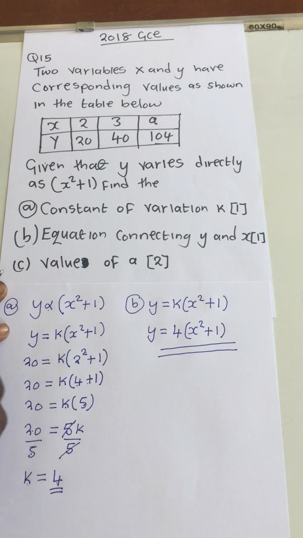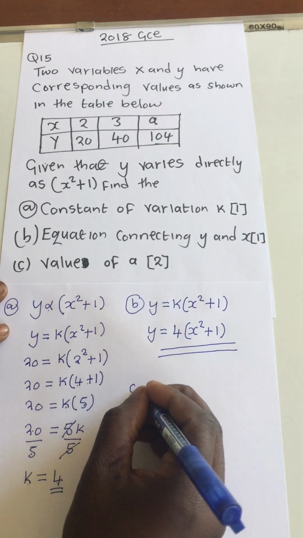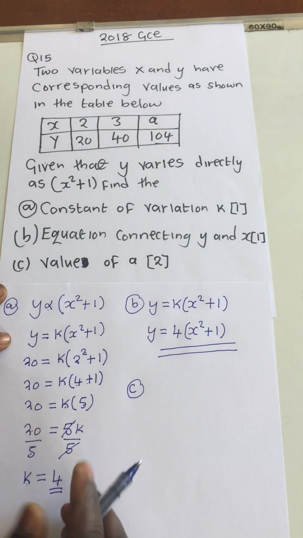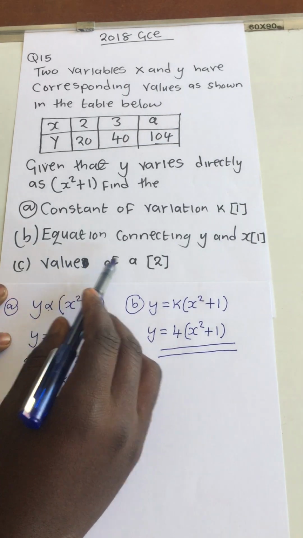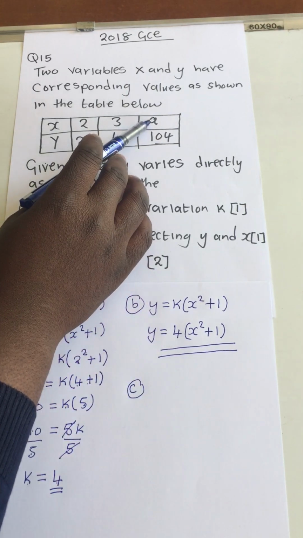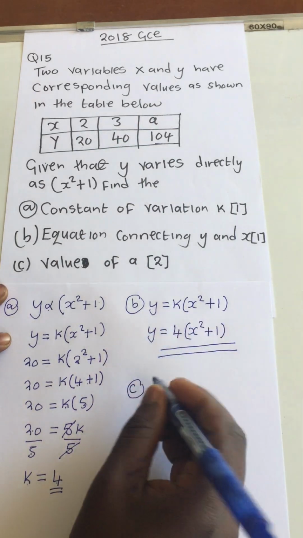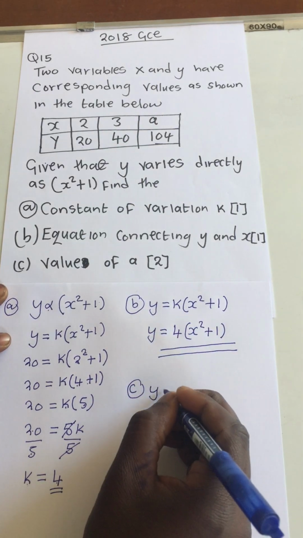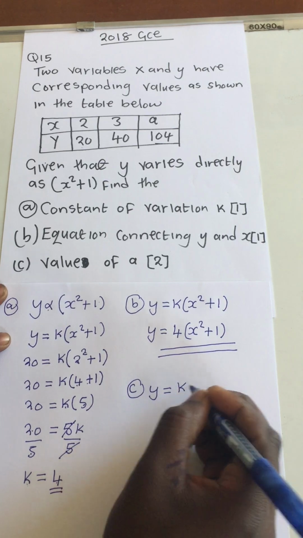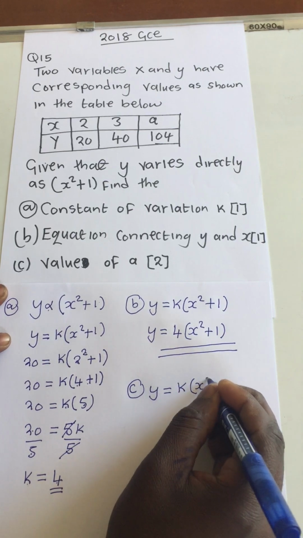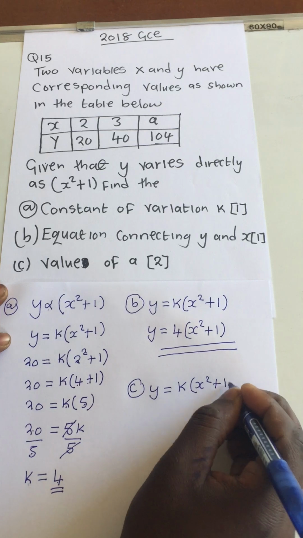The last one is C. It says, find the value of a. You copy the same equation, y equals k(x squared plus 1).